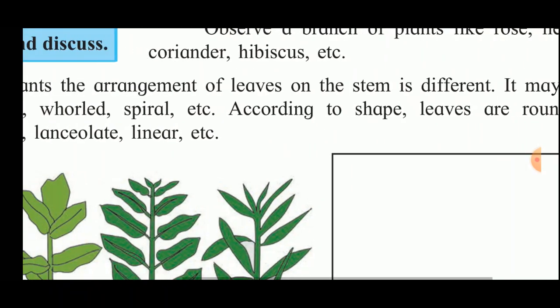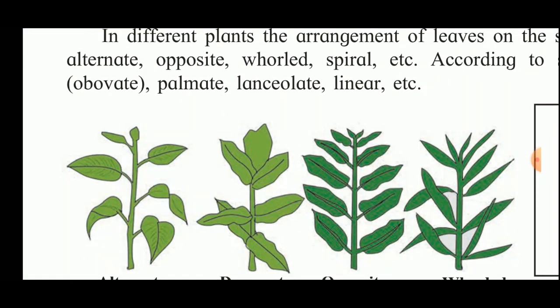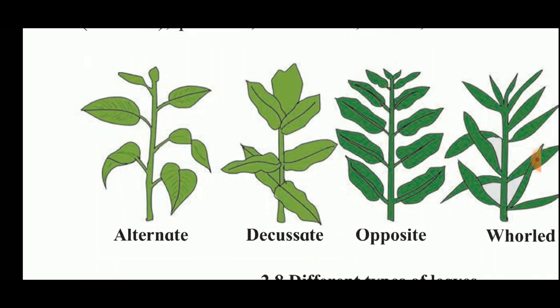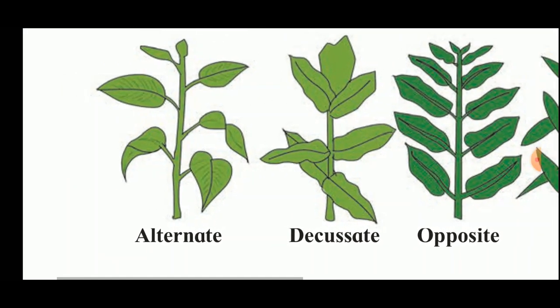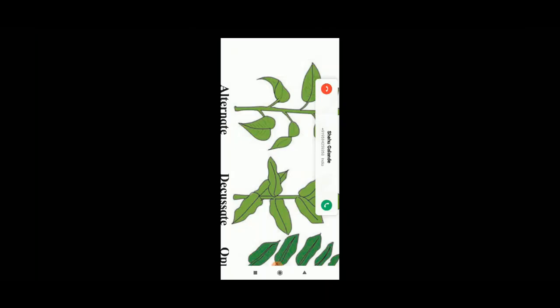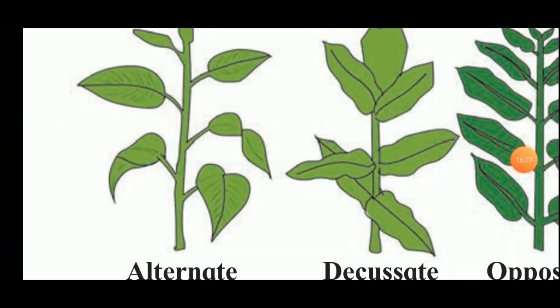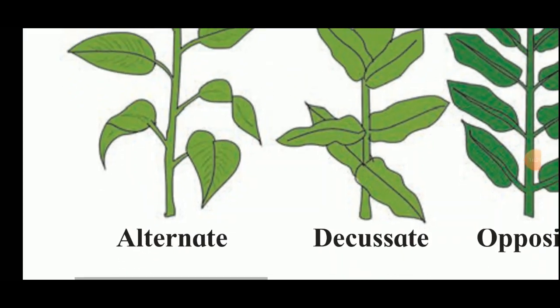It may be alternate, opposite, whorled, spiral, etc. Here you can see in alternate, leaves are present alternately. On the right side one leaf will be there, a little up, on the left side a leaf will be there. Again you go up, one more leaf on the right side, then on the left side. Such leaf arrangement is called alternate.